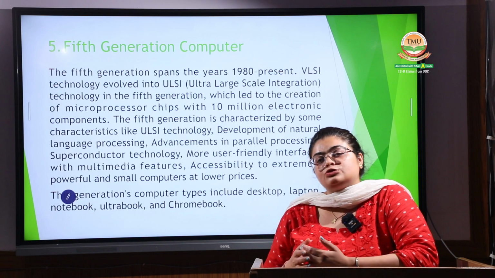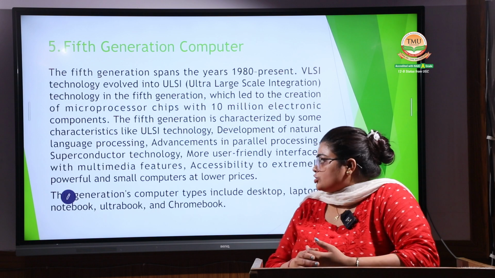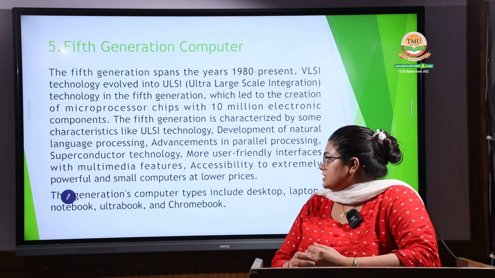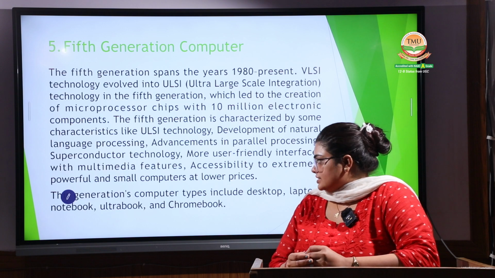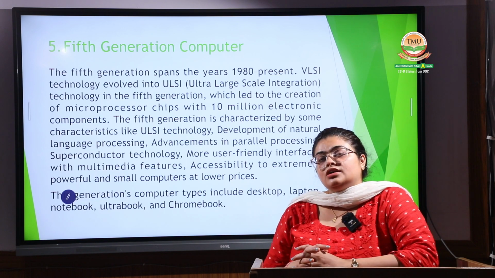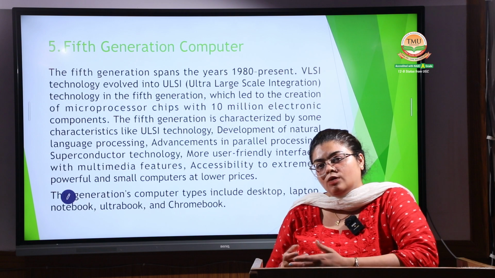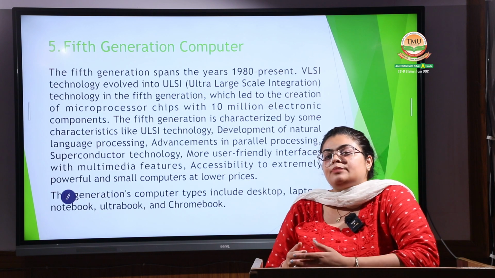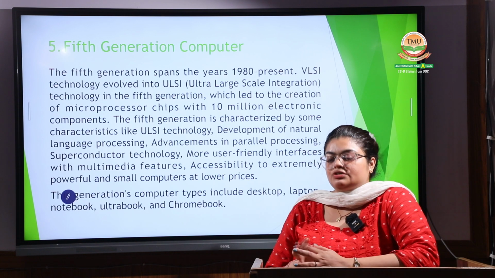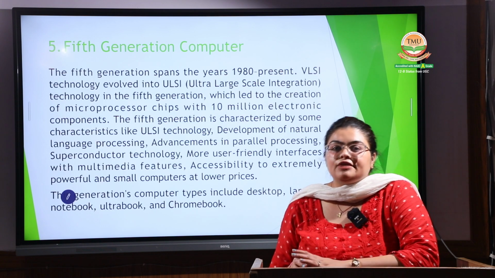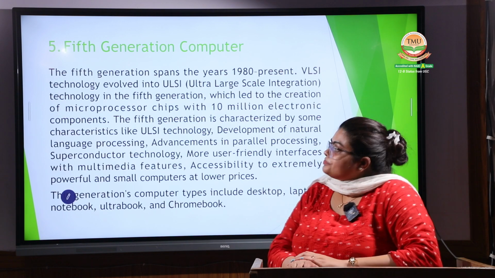The internet is also explored in this generation, with accessibility to extremely powerful and small computers at lower prices. In this generation, the types of computers are desktops, laptops, mobile phones. These are the types of computers we use in this generation. So overall, we have the 5 generations of evolution of computers.